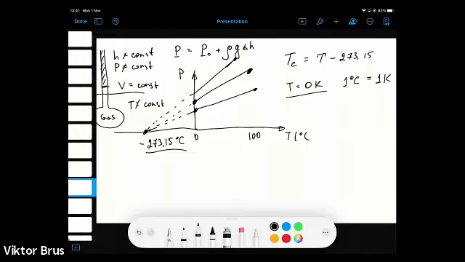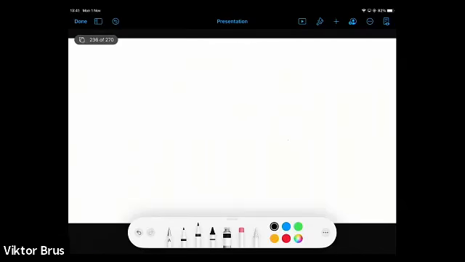Now let us consider some features of thermal expansion of solids and liquids. So first, let us find a relationship between two parameters: the linear thermal expansion coefficient and the volumetric thermal expansion coefficient. We already wrote these equations, but let us write them again.